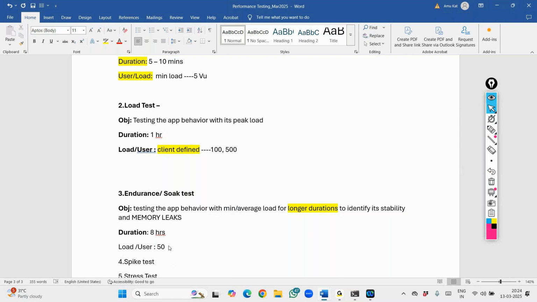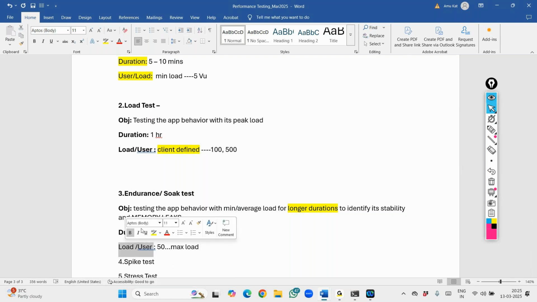But in a few cases, whenever you are dealing with endurance, most clients will ask us to go with max load only. Actually the definition is either minimum or average load, but as per application standards in today's life, most clients are willing to go ahead with longer durations with the same defined load.